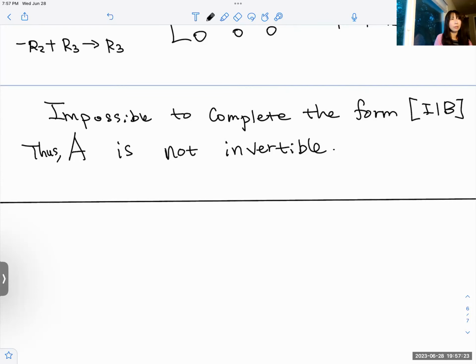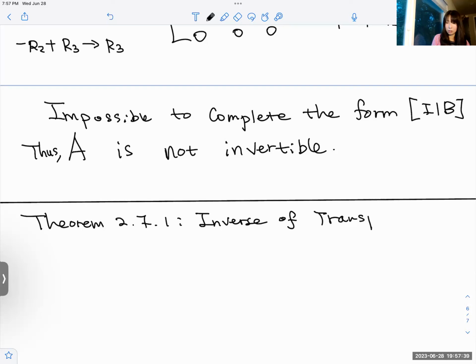We have Theorem 2.7.1, inverse of transposes and products.